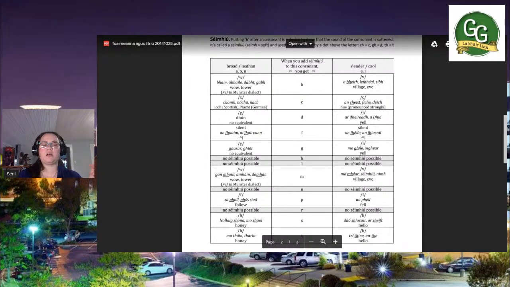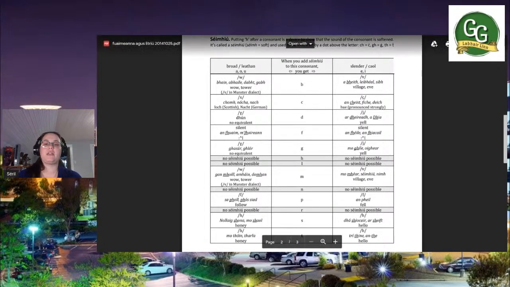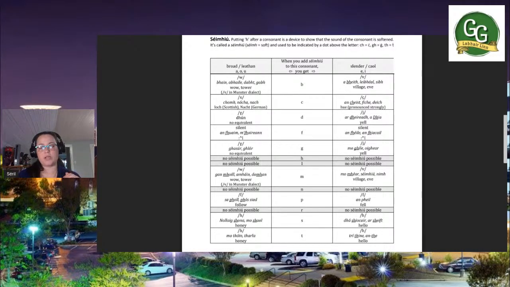So as in "abhaile", which is like "at home", and so "abhaile" could be "avala", depending on your dialect. And then, of course, near a slender vowel, it's always a V sound.